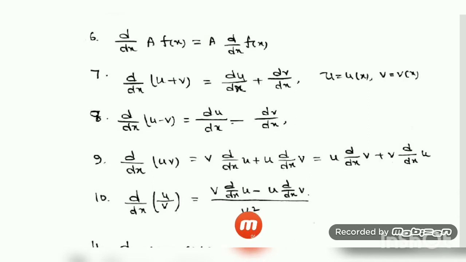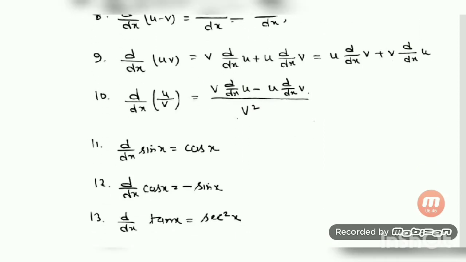Second function square, the denominator square, always write it down first, because otherwise you may forget it after doing all this calculation. So better first give this division sign, write down the denominator, then write down the numerator. What is that? Second function into derivative of the first function, minus first function into derivative of the second function. It is similar to what we did, only the difference is the plus and the minus sign. So try to remember it.